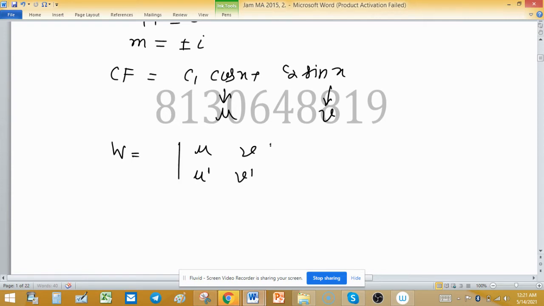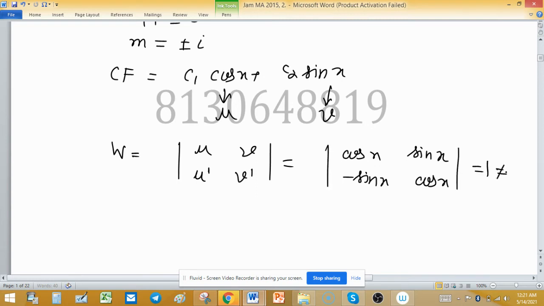Here u is cos x and v is sin x, and their derivatives are minus sin x and cos x. So the Wronskian is equal to 1, not equal to 0. So we can find the particular integral as u f(x) plus v g(x).